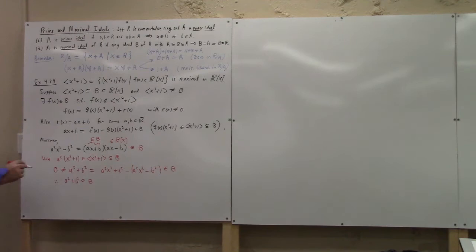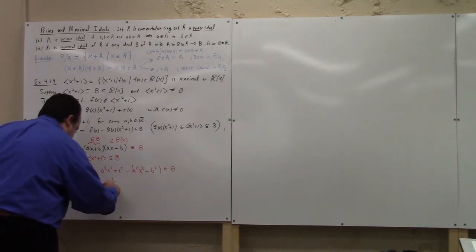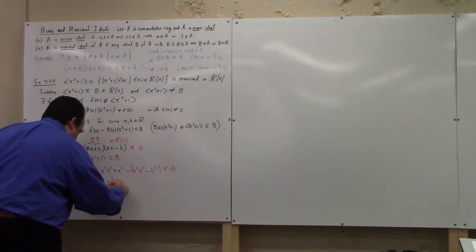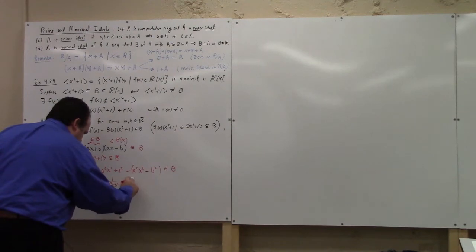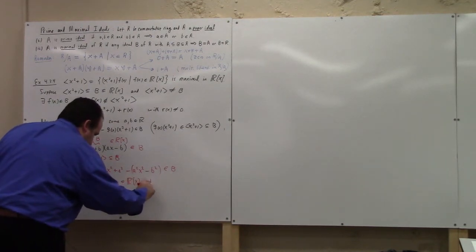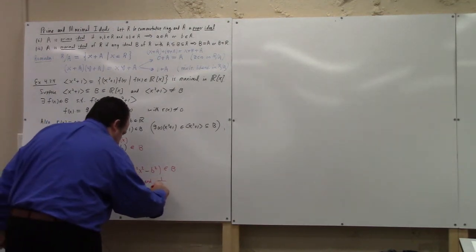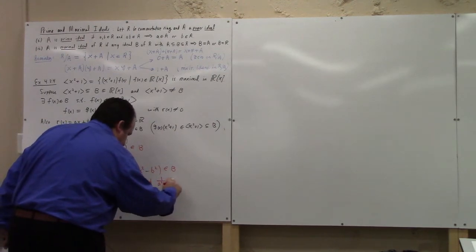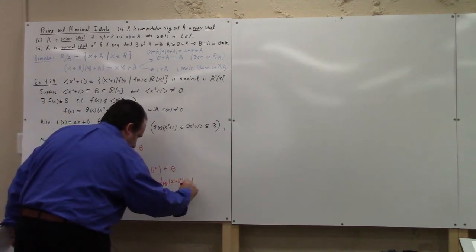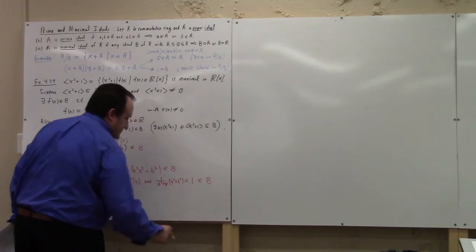But since 1 over a squared plus b squared is an element of the ring, and 1 over a squared plus b squared times a squared plus b squared equals 1, well, that's an element of the ideal.